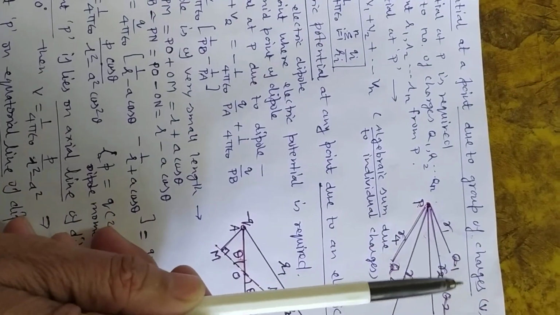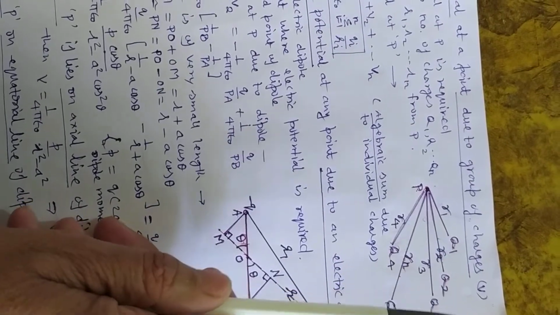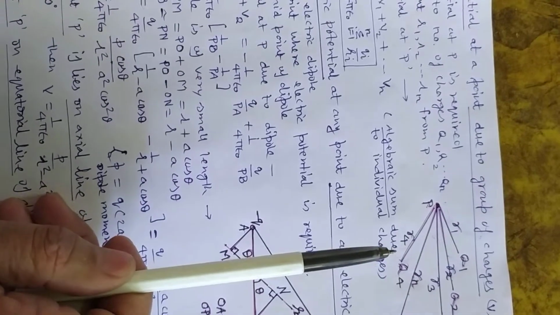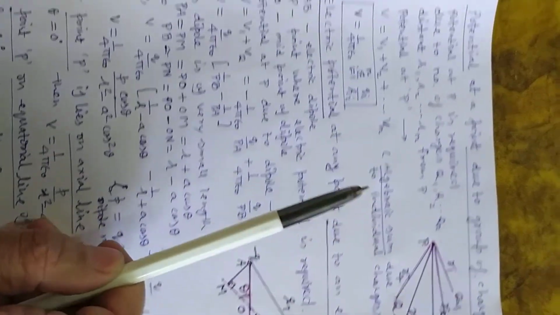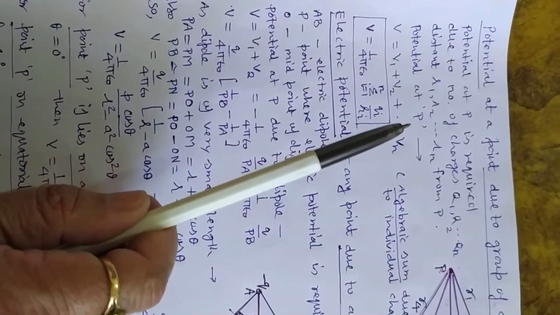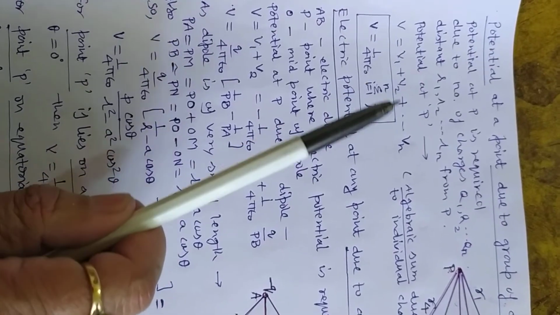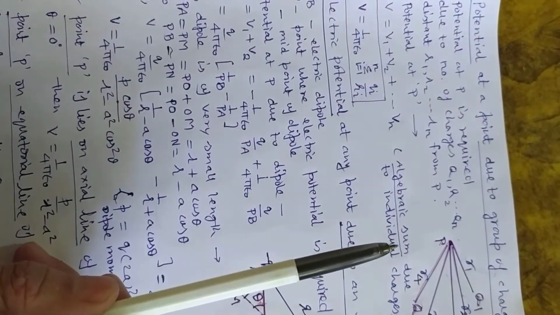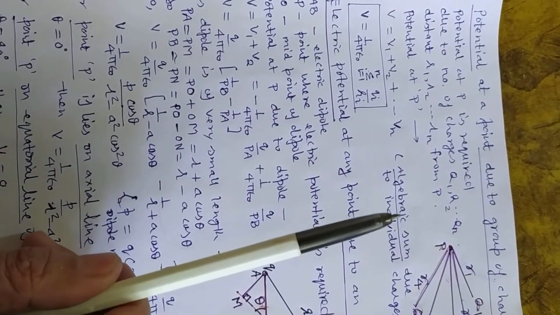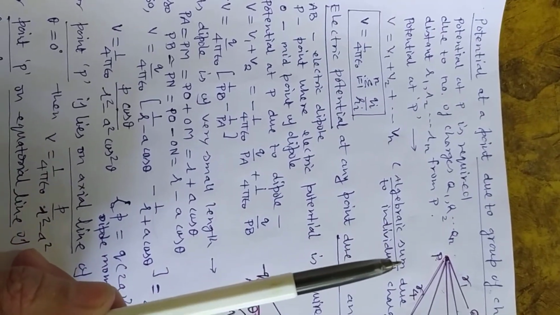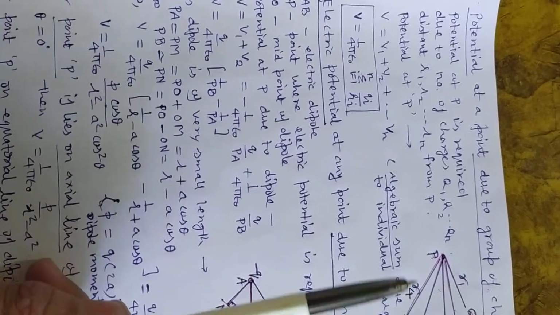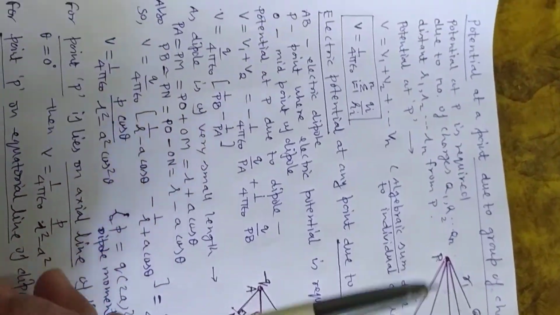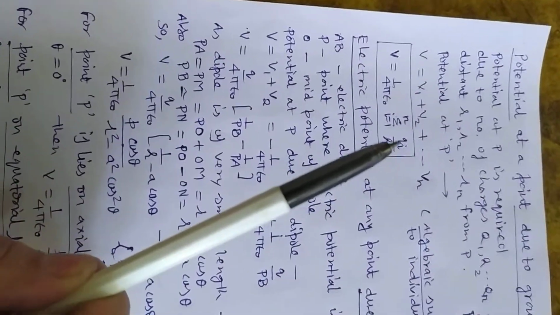And these source charges may have a positive or a negative sign as well. So what will be there? Then to find the potential at P, we can take the algebraic sum. Which sum? Not the vector sum, the algebraic sum for the potential at P due to individual charges, right?